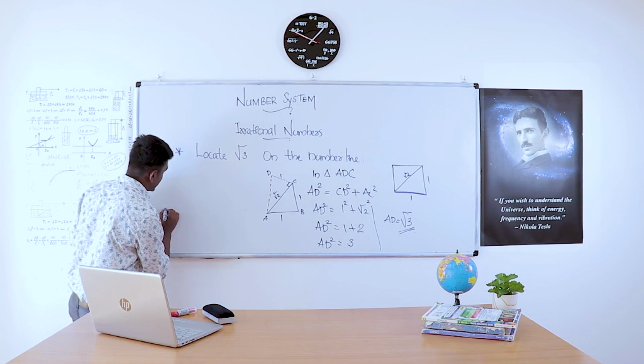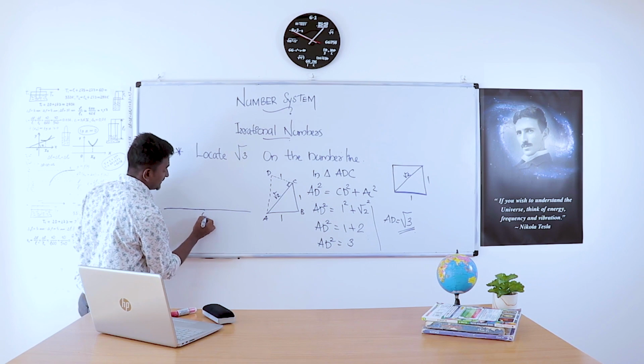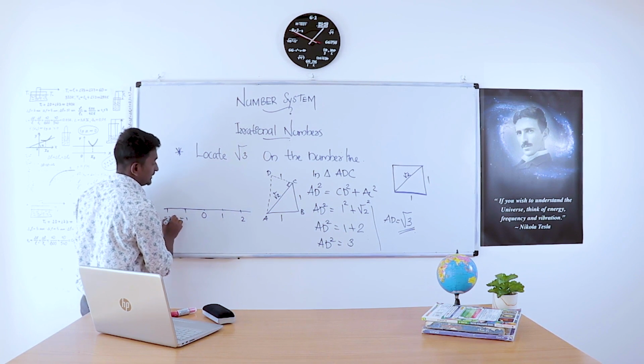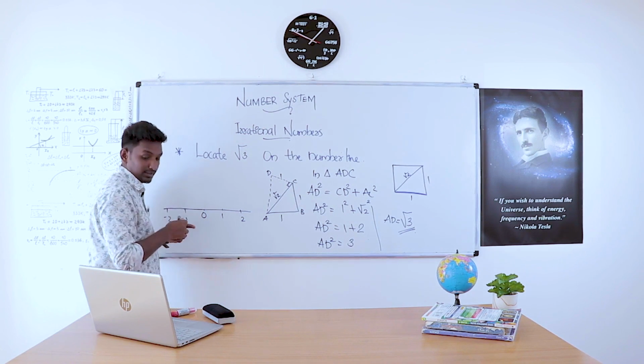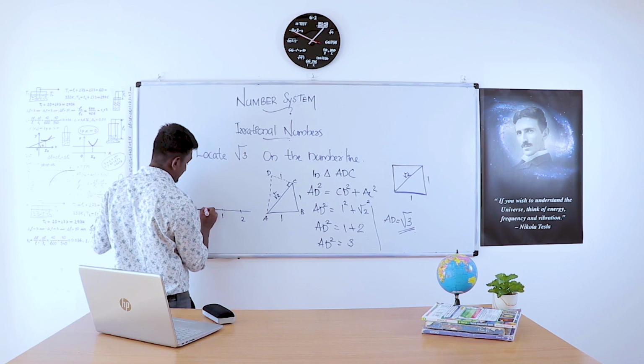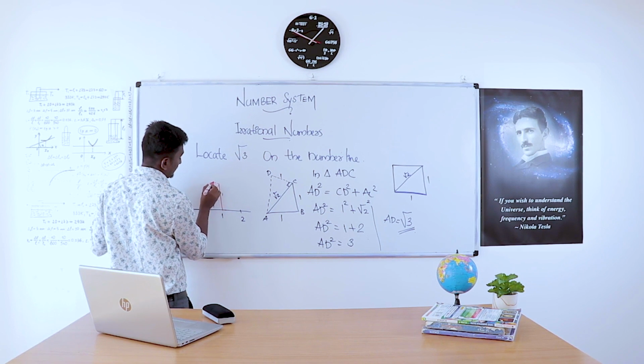Then draw this on the number line. 0, 1, 2, minus 1, minus 2. Then we are considering this is 1, this is 1 and this is root 2. And now we are taking a unit length and completing it into a square.